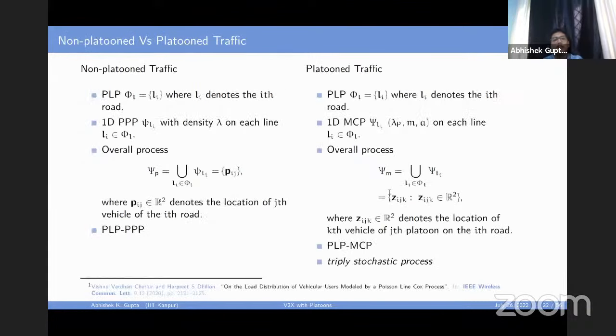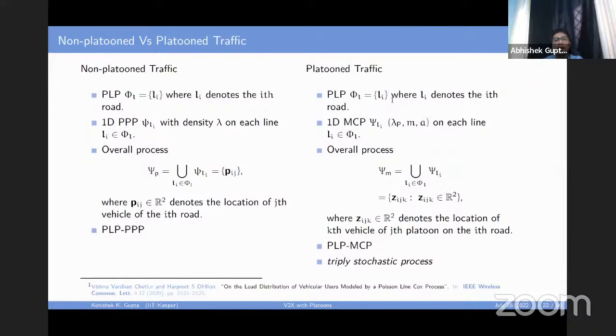So this is the platoon traffic. Let me again say, you have a PLP which models the roads. Then you have a one-dimensional MCP on each road, which as parameters has a parent platoon density of lambda p, an average number of points in each platoon m, and the platoon radius a. These are the three parameters.